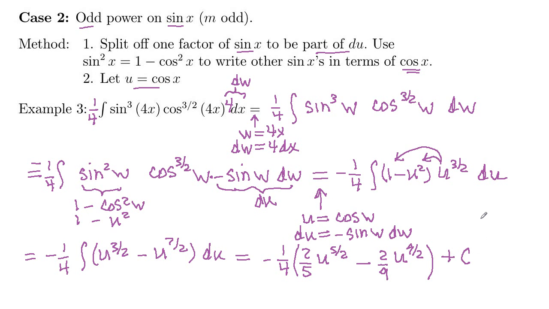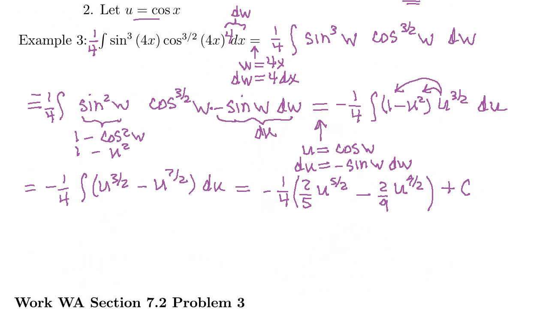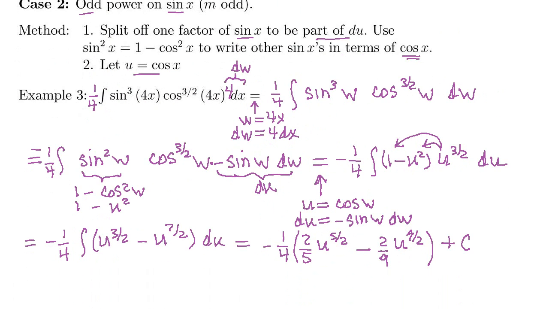Okay, and we're almost there. So our u here is cosine of w. So we need to plug that back in. So we got negative 1/4. And then, well, we could go ahead and multiply our negative 1/4 in at the same time.